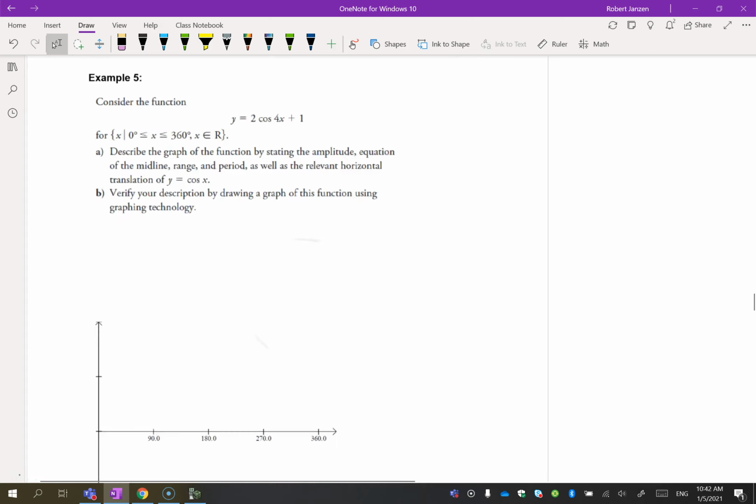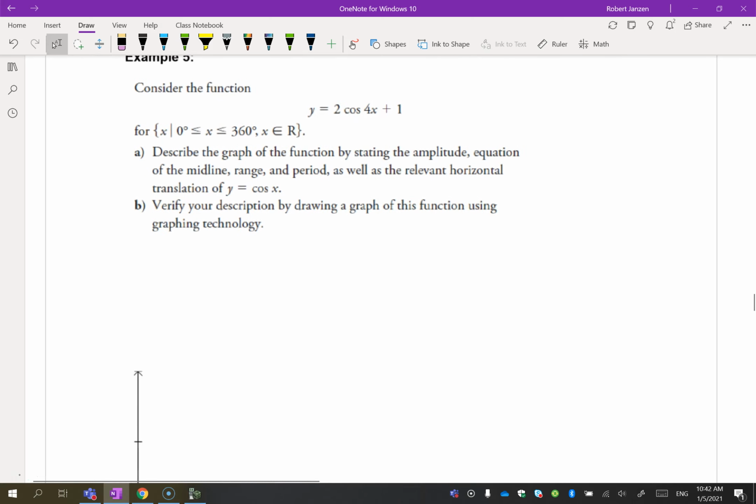Example 5 says, here is a function, and it's from 0, this means 0 to 360. I'm just doing one period, I guess, the original period.